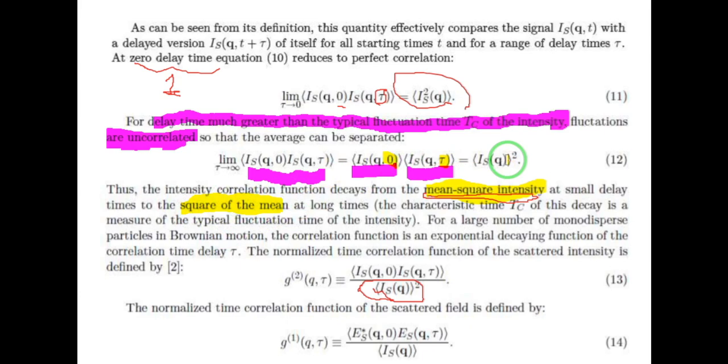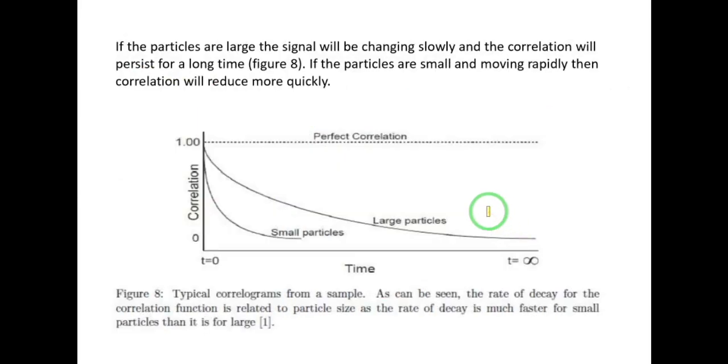And because we made an assumption that the light intensity has the average value of 0 at all the time, this number is going to be 0. So we can say that we decay from this number, which is not 0, to this number, which is 0. And this is the result that we get.